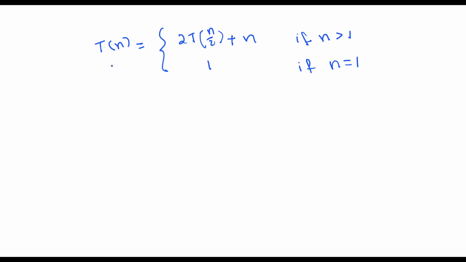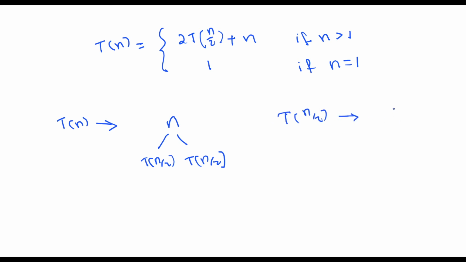And if you construct simple recursion trees, so in order to find t of n, you will have to have a tree structure where you will have a cost of n, then you will have to solve two problems of size n by 2. So this will be t of n by 2, and this will be t of n by 2. Okay, what if you have to find the time taken for solving a problem of size n by 2, then that is actually the value of t of n by 2.